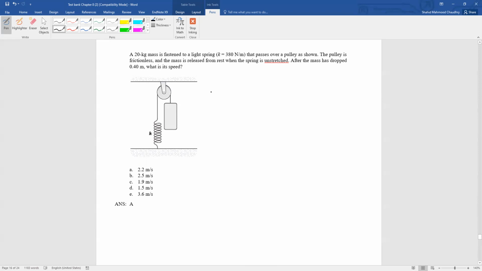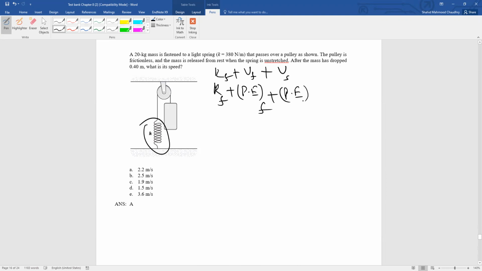So here I'm writing the equation that kinetic energy final plus potential energy final plus potential energy of spring, because here is a spring, is equal to kinetic energy initial plus potential energy initial plus spring potential energy initial. Okay, this is for spring.